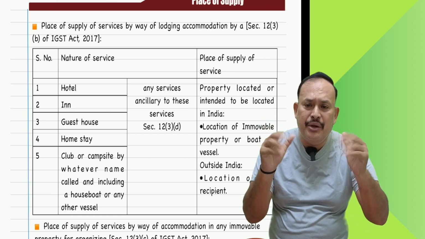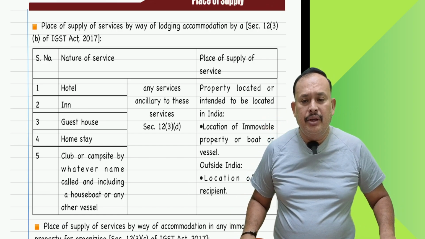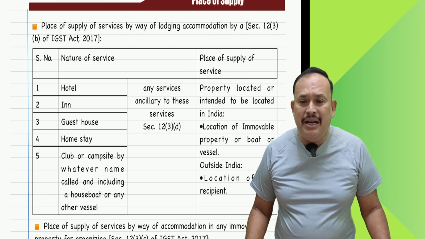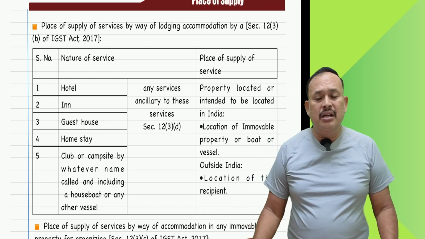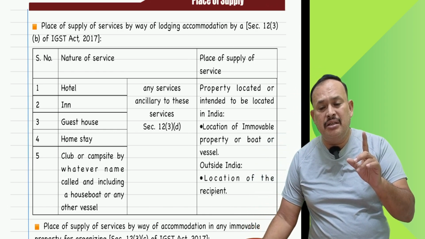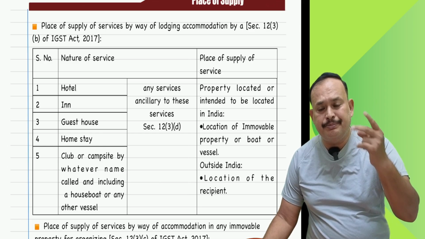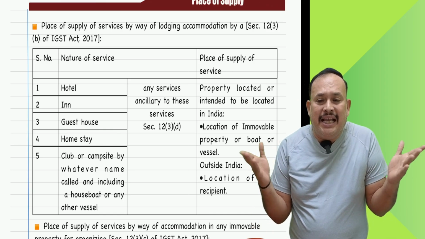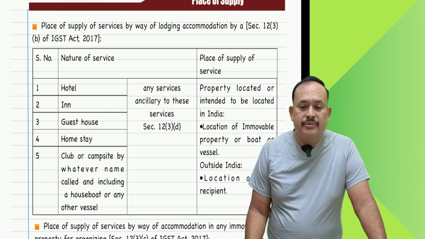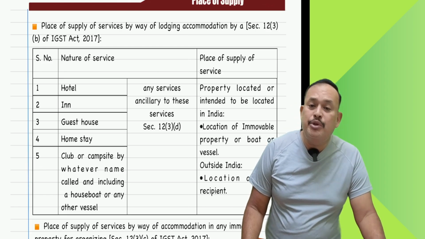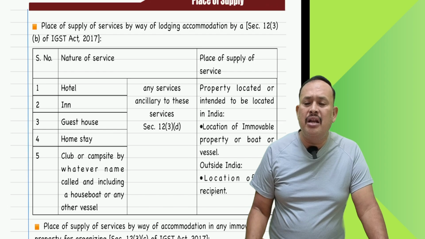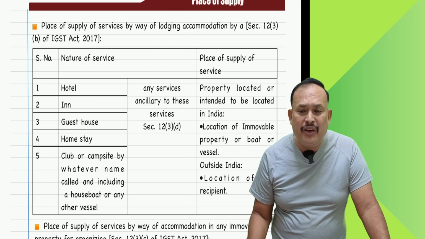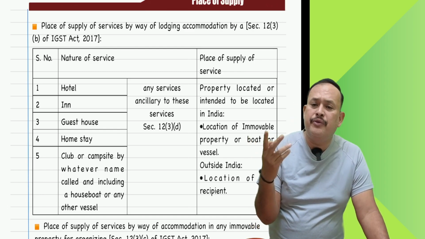One example I will give to you here. I am Mr. Bharat. I am running Bharat Hotel, providing short-term accommodation at rupees 2000 per room per day. Where am I located? In Cochin, Kerala. You came from Chennai to Cochin and stayed in my hotel for 2 days. I charge 2,000 rupees per day, so for 2 days 4,000 rupees.